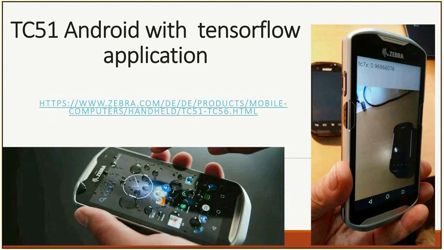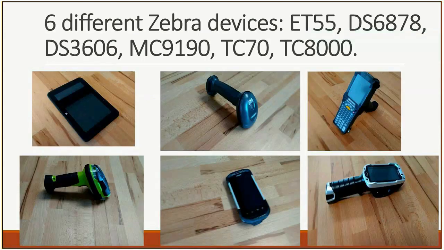Here down you can see this Zebra TC51, how it looks, and in the second image there is a TC51 with this TensorFlow application running, and it's actually doing the classification of the other device, which is the TC70. As I mentioned, I need these 6 different Zebra devices.